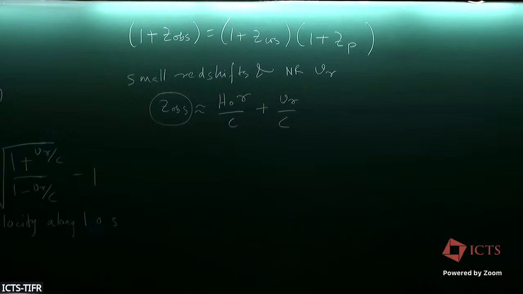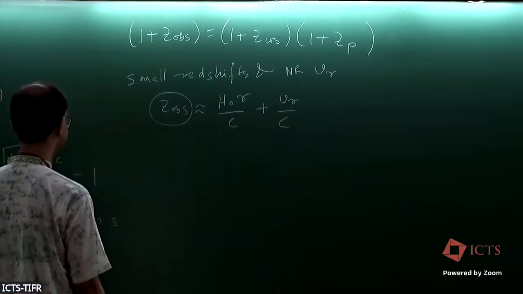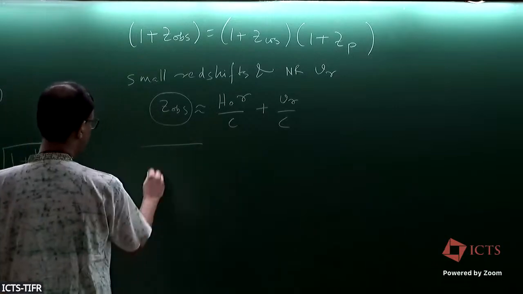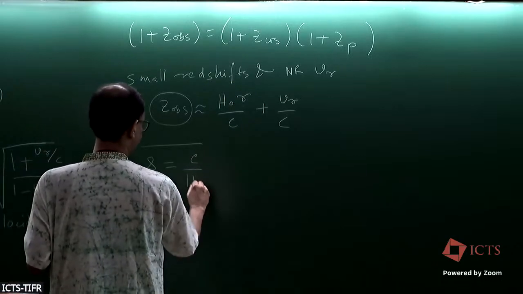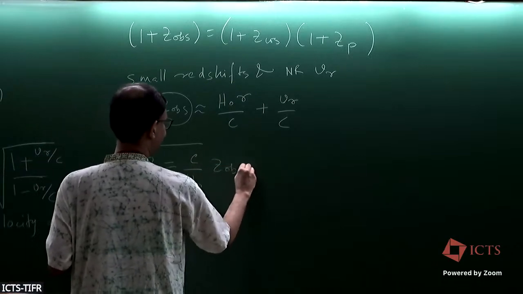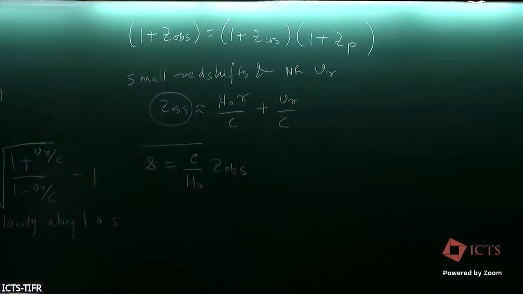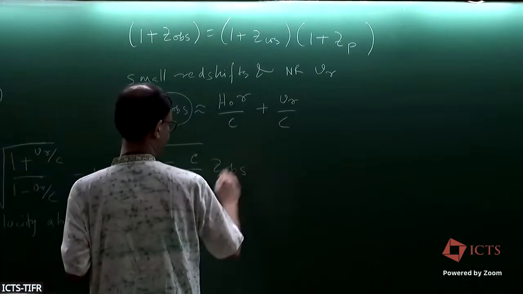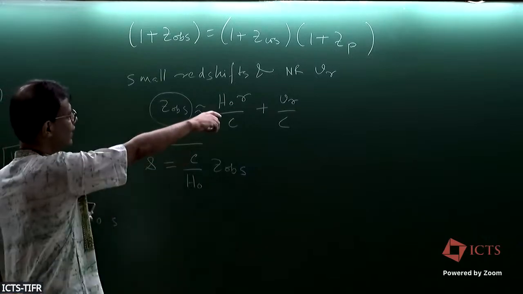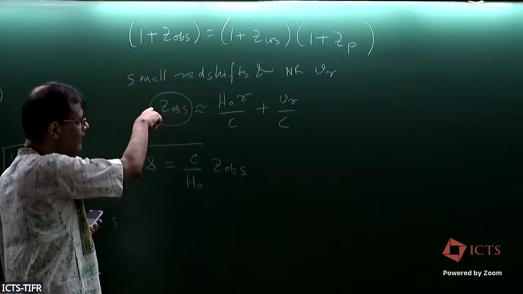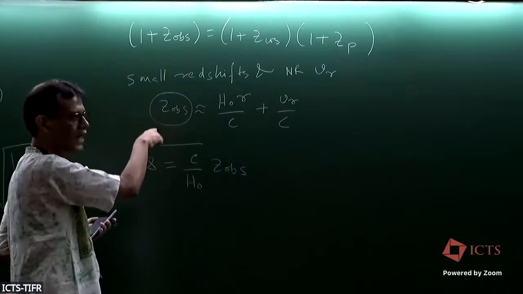So to do that, first, let us see. In absence of peculiar velocity, I could have assigned a distance, saying that the distance is this, when there is no peculiar velocity. So you take the observation, and in the absence of peculiar velocity, what you could have done is you would have said that the distance is c times z by H naught.